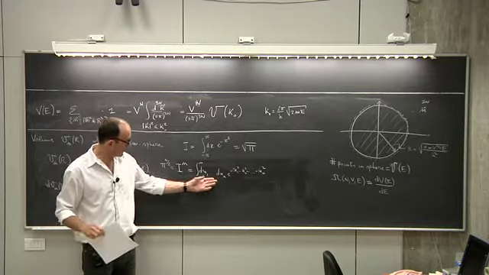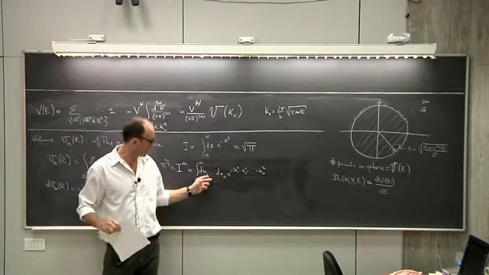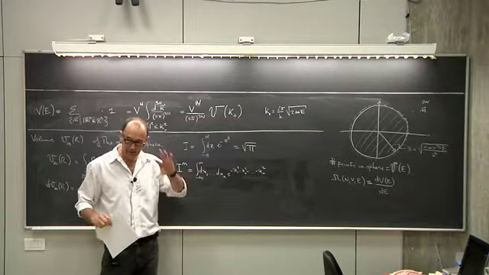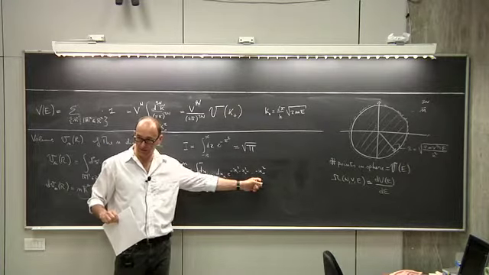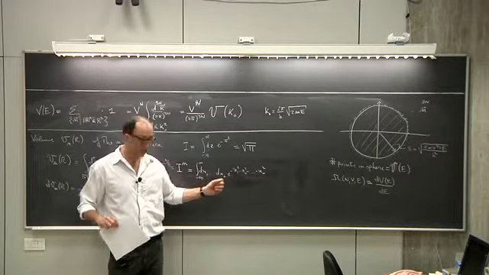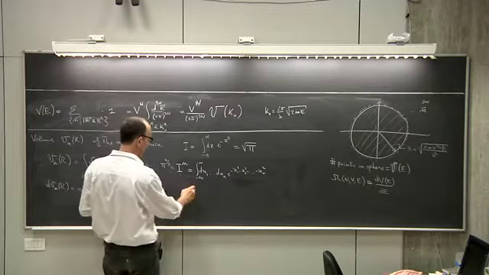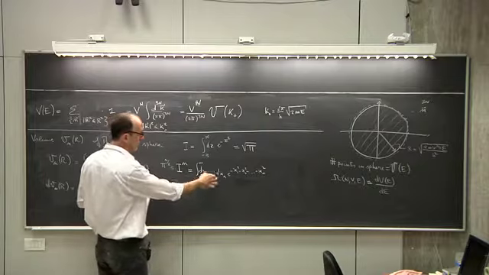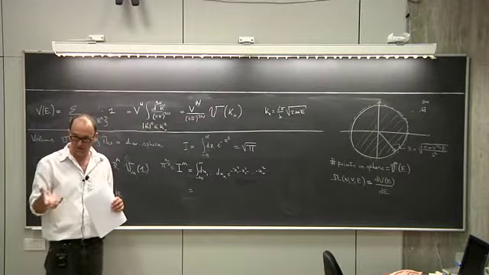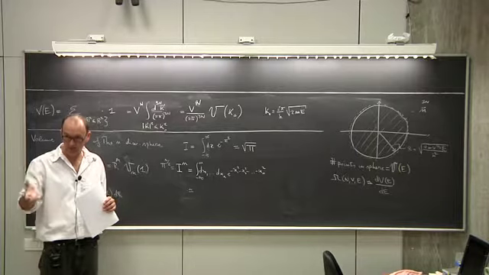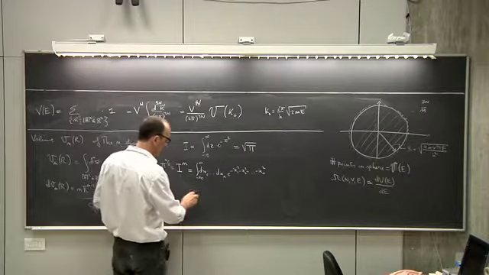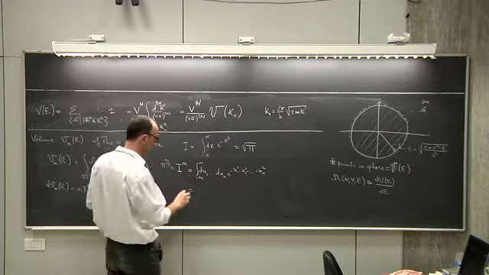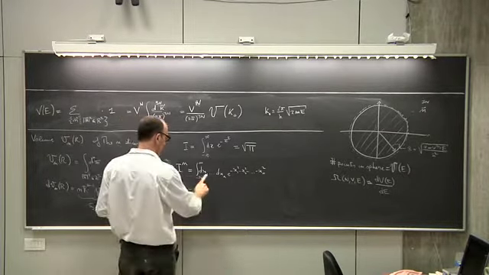And again, what I'm integrating only depends on the radius, so I can change variables to radial coordinates, to spherical coordinates in n dimensions. And so what I have here is the integral on the solid angle in n dimensions, which will give me the surface of the unit sphere.